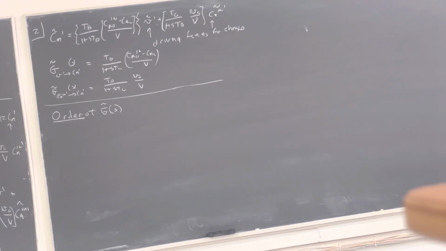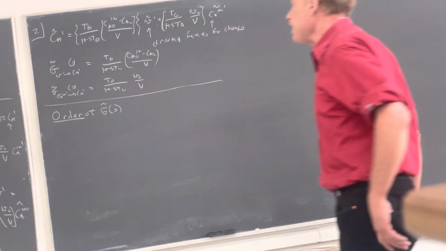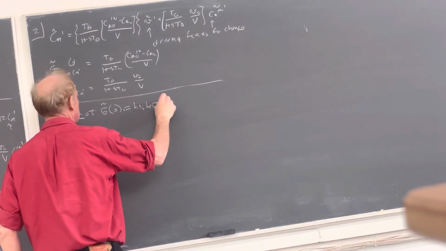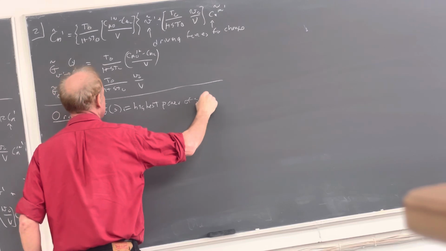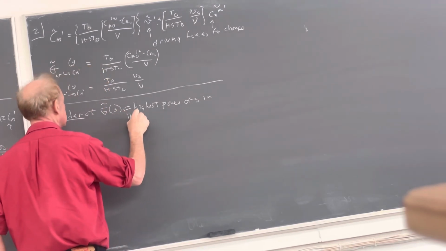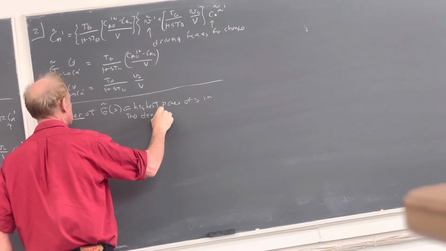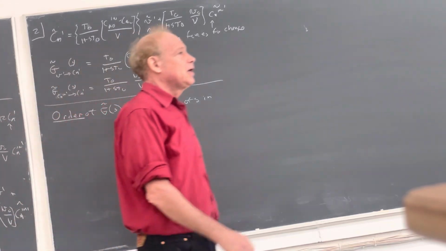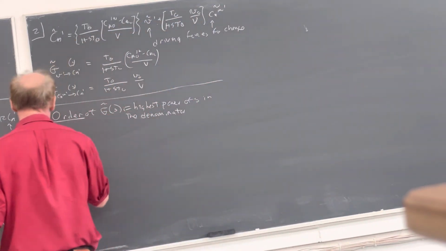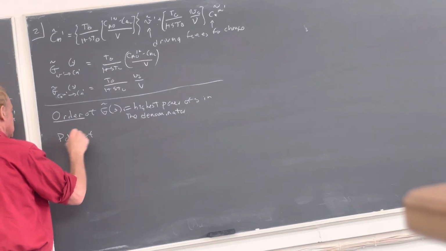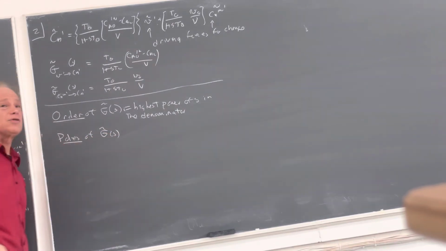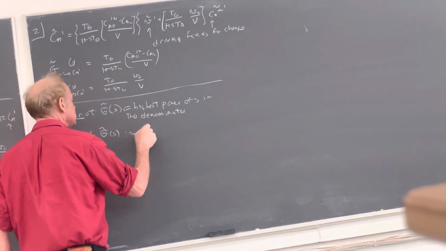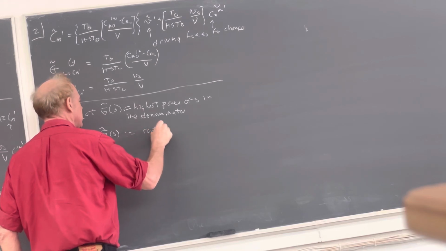The order we're talking about is the highest power of S in the denominator. That's called the order. The poles of G has nothing to do with the country of a similar name. The poles of G are defined as the roots of the denominator.